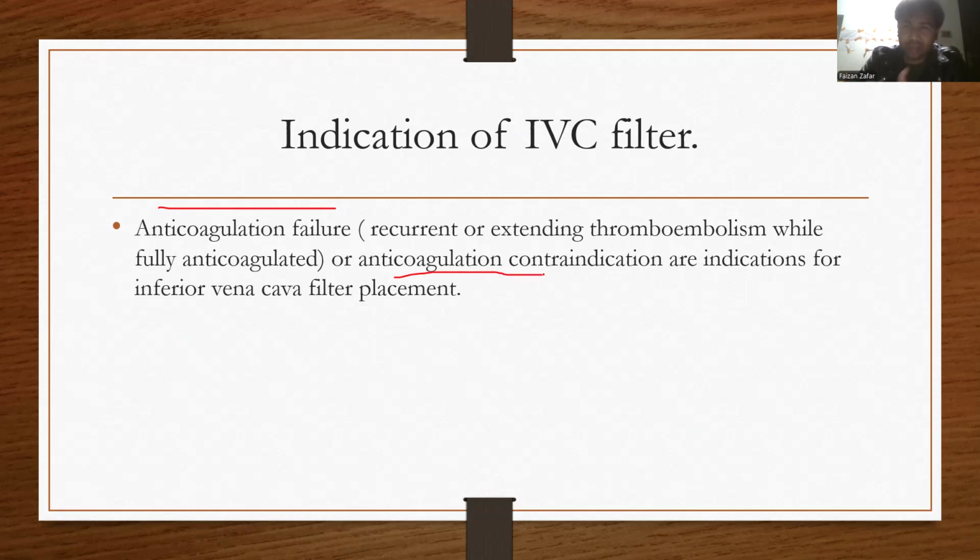Any active bleeding, any trauma, any surgery is an anticoagulation contraindication. In anticoagulation failure, you give full anticoagulation drugs, but they do not give the effect. If these two things happen, always place an inferior vena cava filter. It will prevent pulmonary embolism.